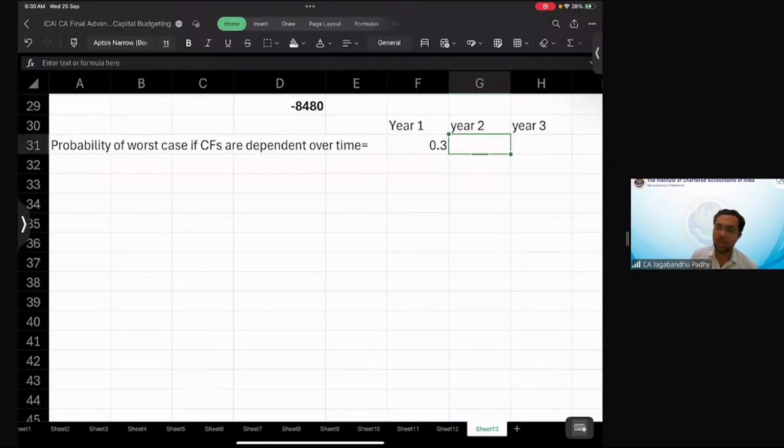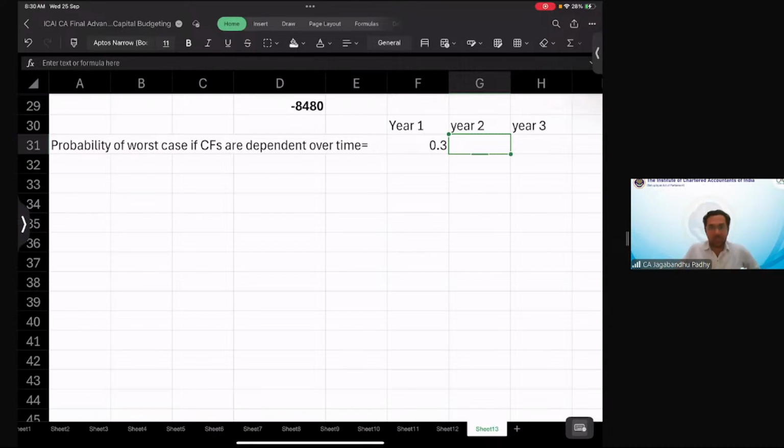Now, can you tell me what is the situation of cash flows in year 2 and 3? Because cash flows are dependent. So cash flows are dependent means what? If you are facing worst cash flow in year one, you will definitely face worst cash flow in year two and also in year three. Then what is the probability in year two and three of you having a worst cash flow?